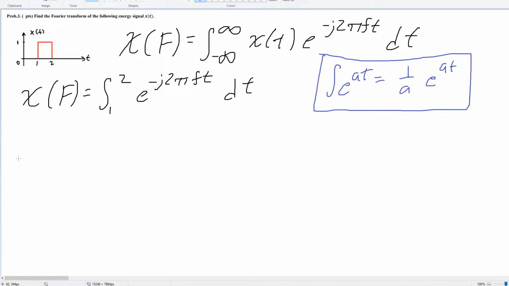So for this problem, we have X(f) is equal to the integral from 1 to 2.